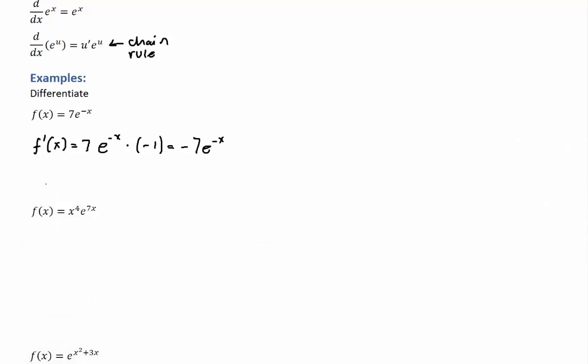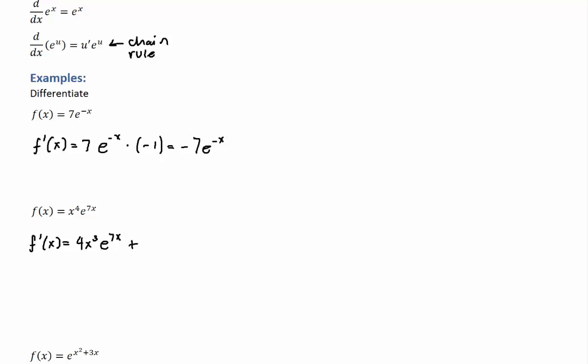So let's do this one right here. So in this case now I'm mixing two rules because I have a product of two factors. So when I calculate my derivative, I have to start by doing product rule. So derivative of the first, 4x cubed, times the second, e to the 7x.